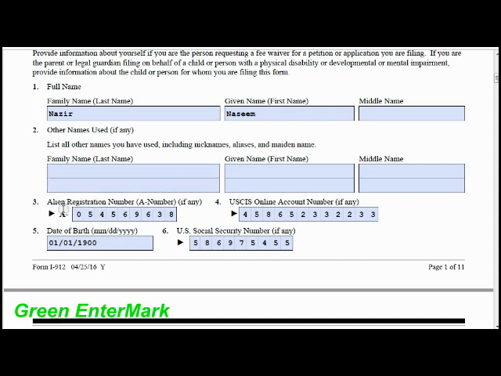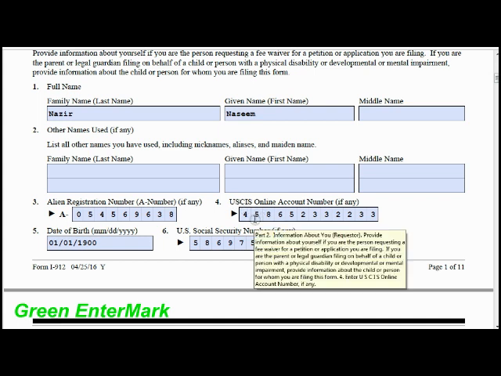Then the alien registration number, which you can also find in your immigrant visa on your passport and on the green card. Then the USCIS number, which is also mentioned in your immigrant visa on your passport and the green card or permanent resident card.